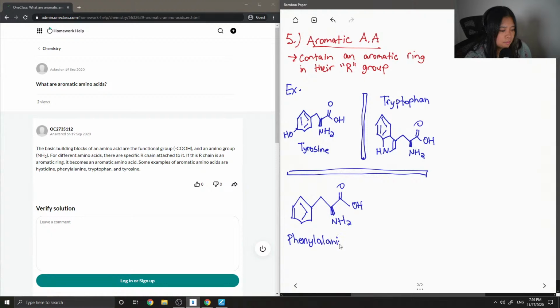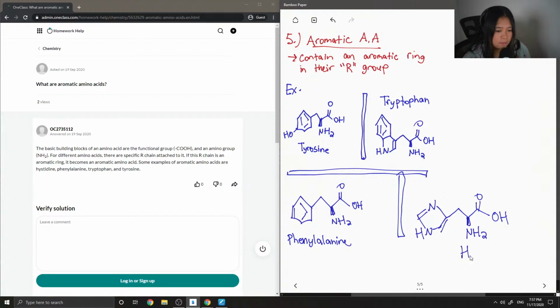Phenylalanine. And then the last one is histidine.